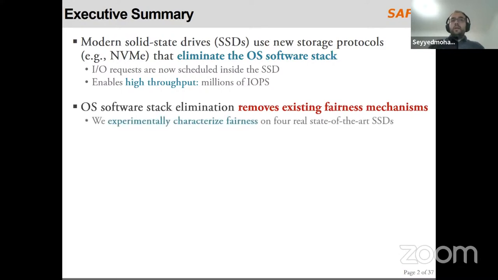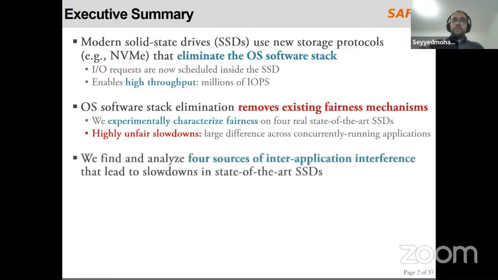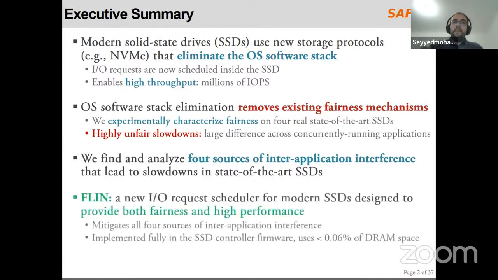We experimentally characterized fairness on 4 real state-of-the-art SSDs, and we observed highly unfair slowdowns, a large difference across concurrently running applications. We find and analyze 4 sources of inter-application interference that lead to a slowdown in state-of-the-art SSDs.